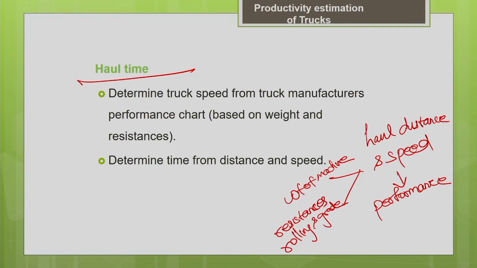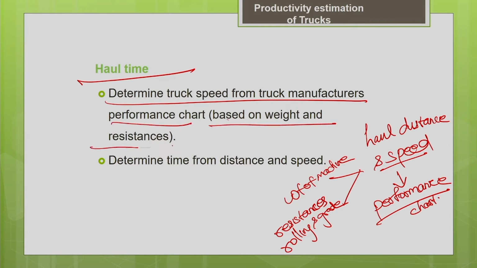If you know all this input data, you can find the speed from the truck manufacturer performance chart. So, once you know the speed and the distance, I can calculate the haul time.